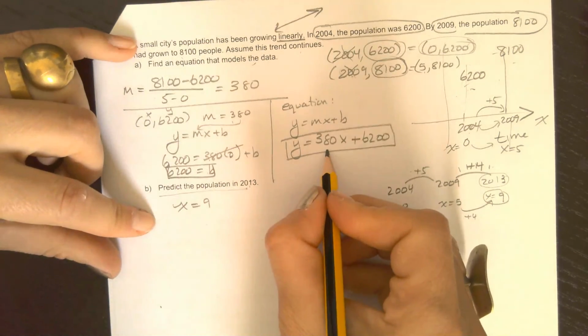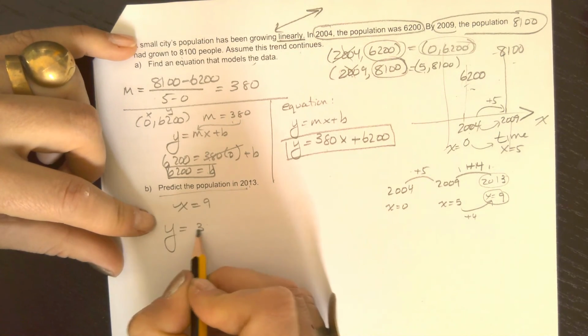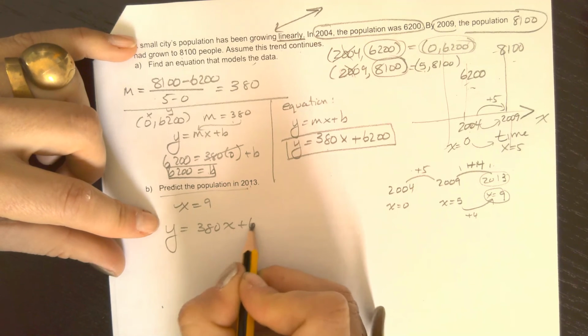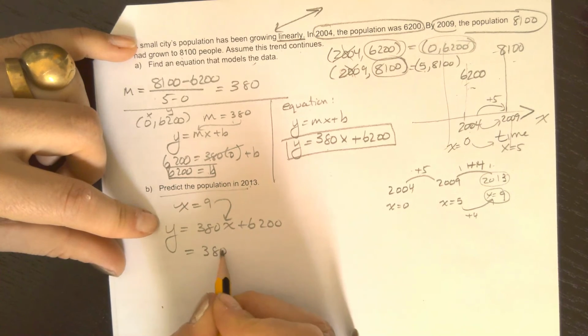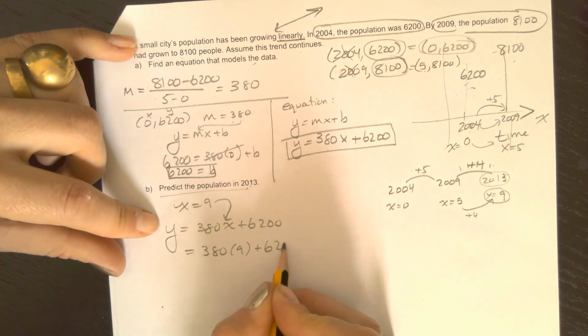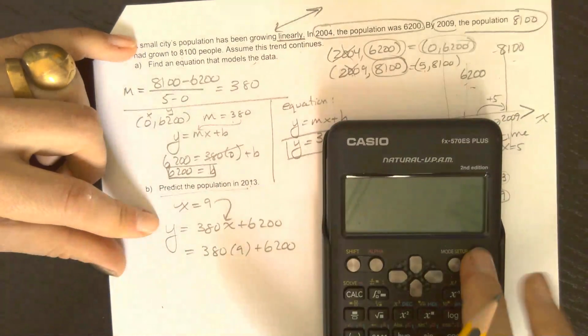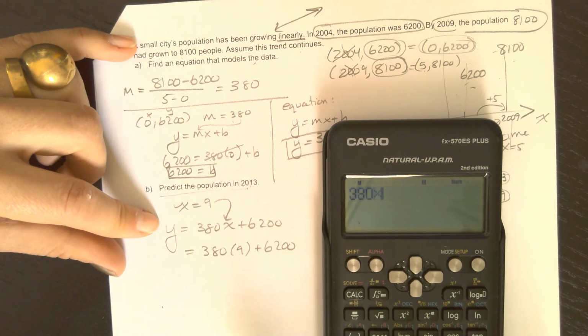So let's write down our equation and put 9 in for x. Now we have to use your calculator. 380 times 9 plus 6,200.